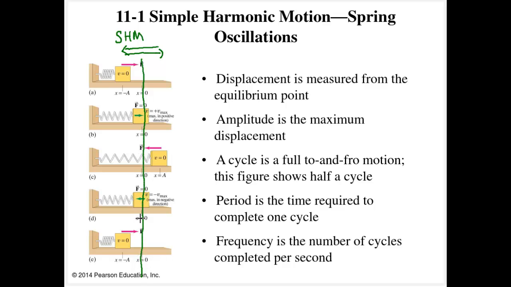I've kind of drawn a line through it right here. So here the object is in its equilibrium point, and here we'll define the amplitude to be the maximum displacement away from the equilibrium point. It's going to be these 2 points right there.